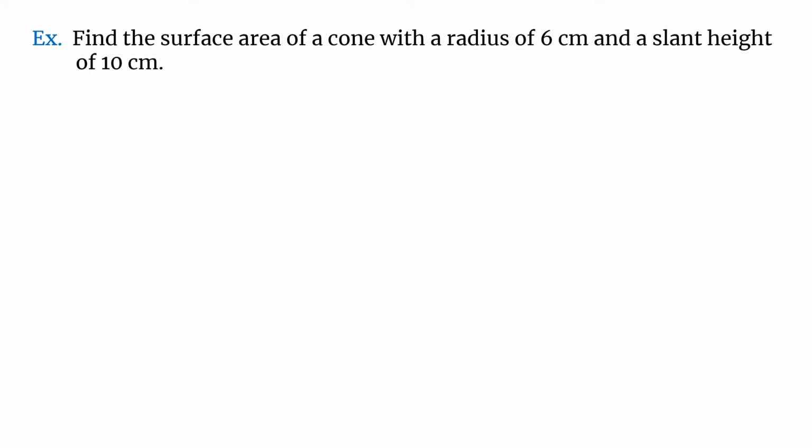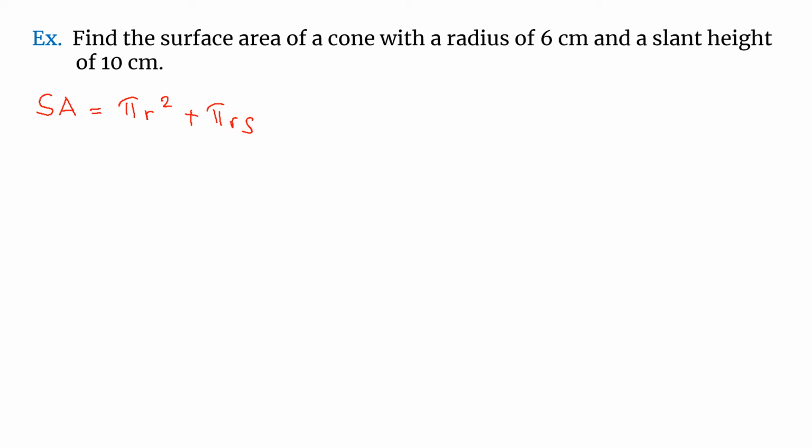Example, find the surface area of a cone with a radius of 6 centimeters and a slant height of 10 centimeters. Sabi natin kanina, for us to get the surface area of a cone, we'll be using this formula SA equals pi r squared plus pi rs.